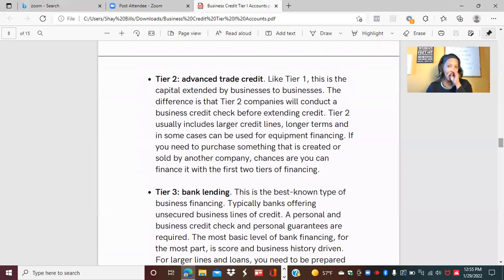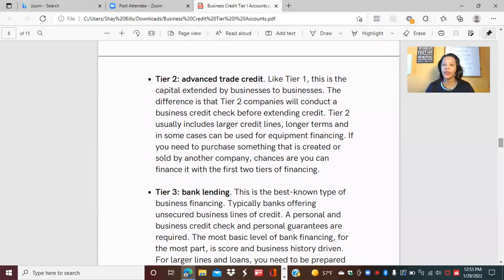Tier 2. Like tier 1, this is capital extended by businesses to businesses. The difference is that tier 2 companies will conduct a business credit check before extending credit. Tier 2 usually includes larger credit lines, longer terms, and in some cases can be used for equipment financing.